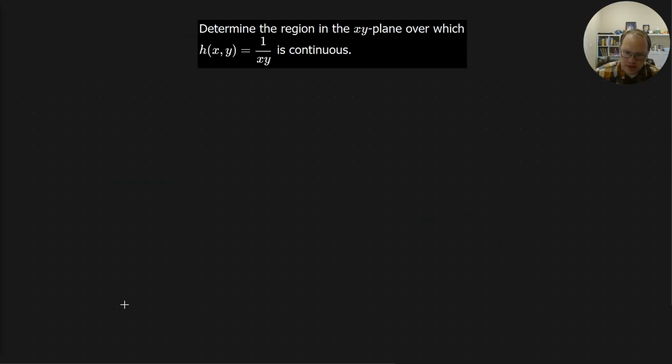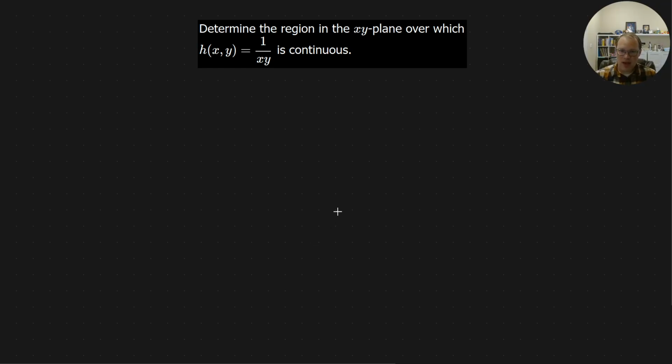All right, let's look at just one more example. Here we want to determine the region in the xy plane over which the function 1 over xy is continuous. So our approach is the same. We're going to start by looking at where the function is not continuous. What could be a problem here? Generally that means 0 in the denominator, negatives under an even root, or special functions.